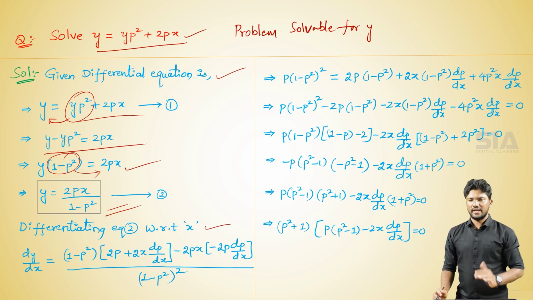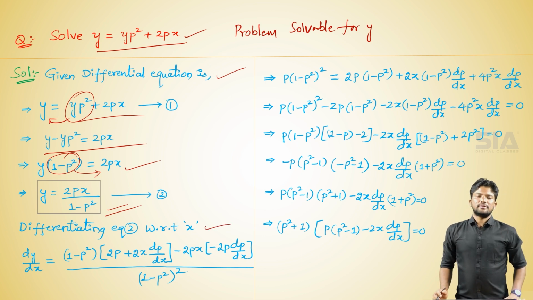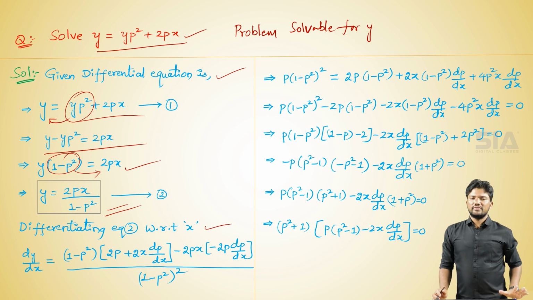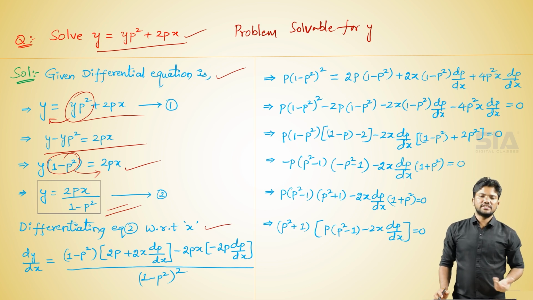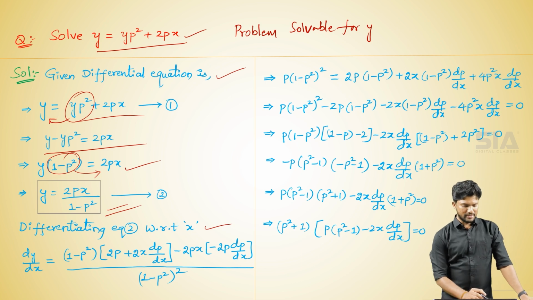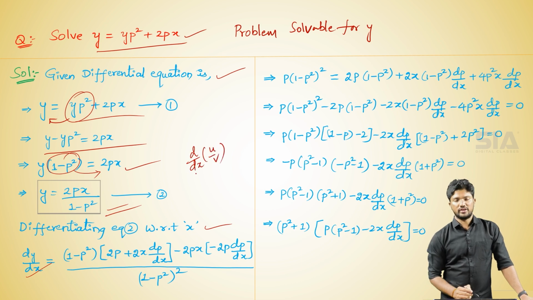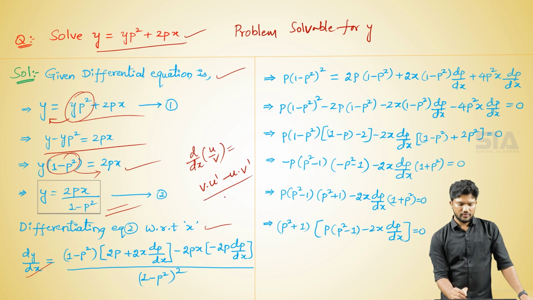After taking equation number 2, we first derive the y value separately, in terms of x and p. Differentiate equation number 2 with respect to x. Therefore dy by dx is equal to, as you know very well, the formula d by dx of u by v, which equals v into u dash minus u into v dash by v square.